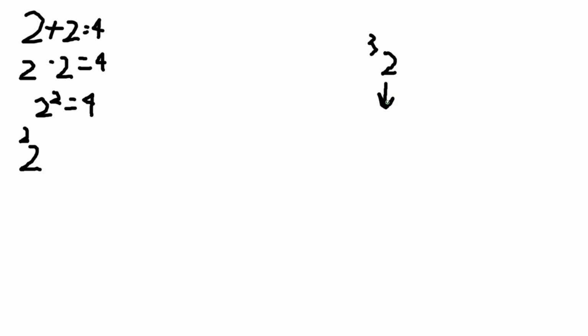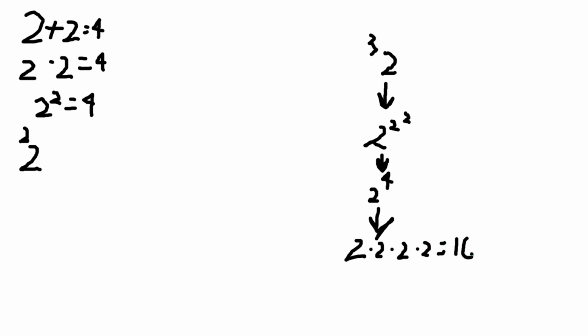What this really means is that we're going to take this 2 and give it the power of 2, and then give that the power of 2 because we're giving 3 powers of 2. So 2 to the power of 2 to the power of 2, which would be 4, which turns into 2 to the power of 4, and this is 2 times 2 times 2 times 2, which equals 16.